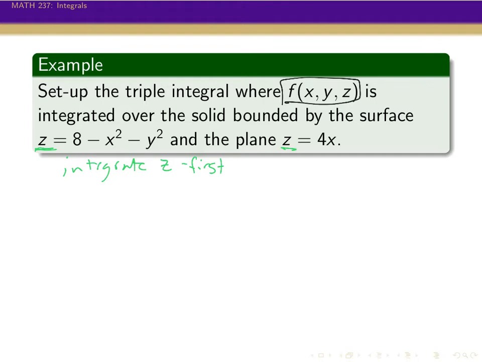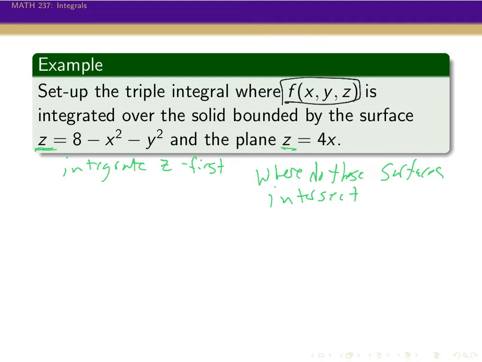So it's saying that these are bounded by these 2, so these 2 surfaces must hit each other. Okay? So the big question now is, where do these surfaces intersect?